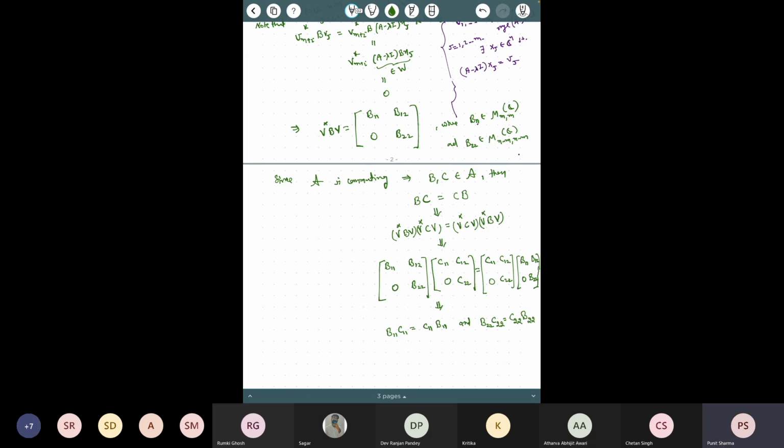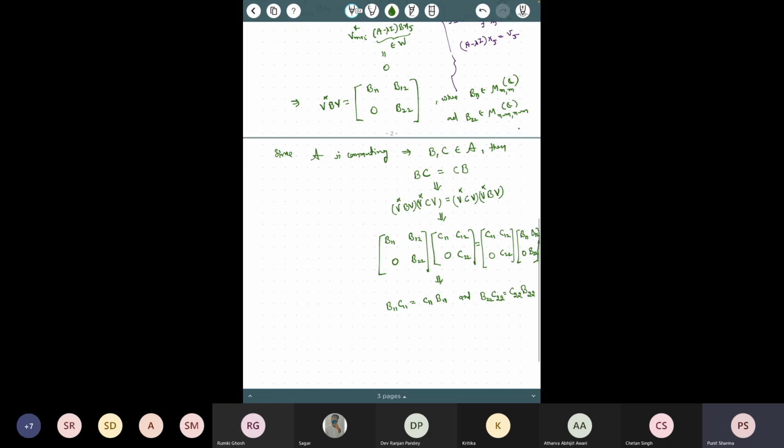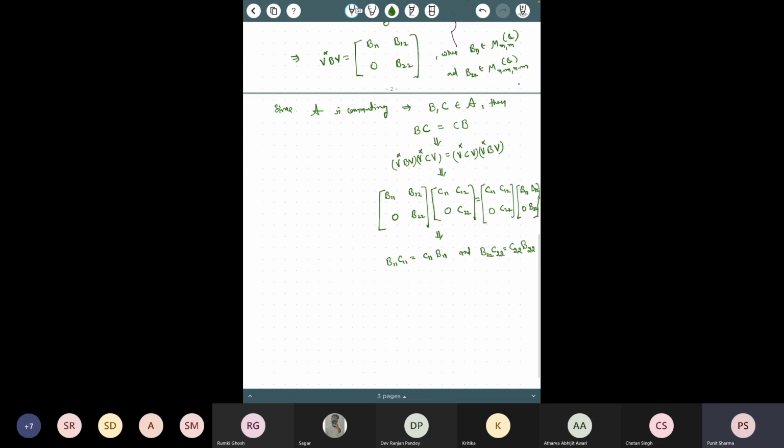So now you can see that we have a smaller size family of matrices. That means if I consider a family, let's say A1, A1 is the collection of all such B11 where B belongs to this family A. So what is B11? If you take any matrix B in this A, then you do this V star BV. You write V star BV in the block form, that means in this kind of form, and then B11 is the 1-1 block of this matrix.